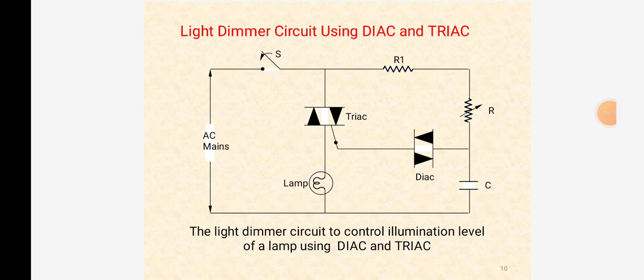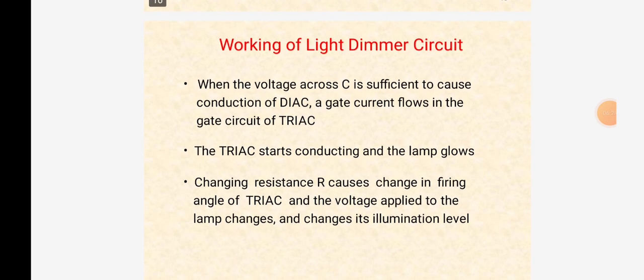So here, when the voltage across C is sufficient to cause conduction of the diac, a gate current flows in the gate circuit of the triac. The triac starts conducting and the lamp glows.